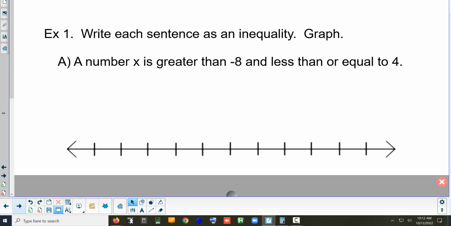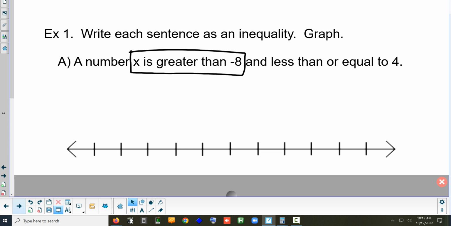So it says a number x is greater than negative 8, and it's also less than or equal to 4. Let's just start with that. X is greater than negative 8. How would I write that as an inequality without all those words?